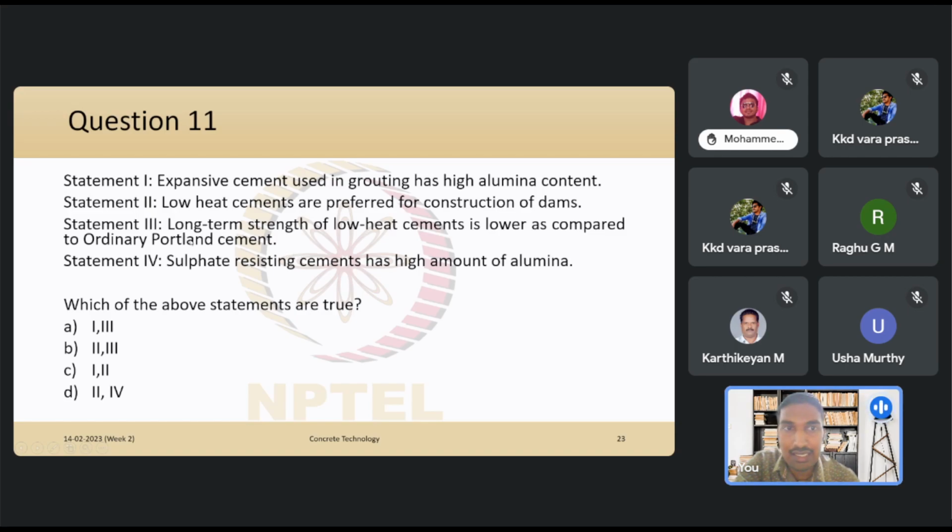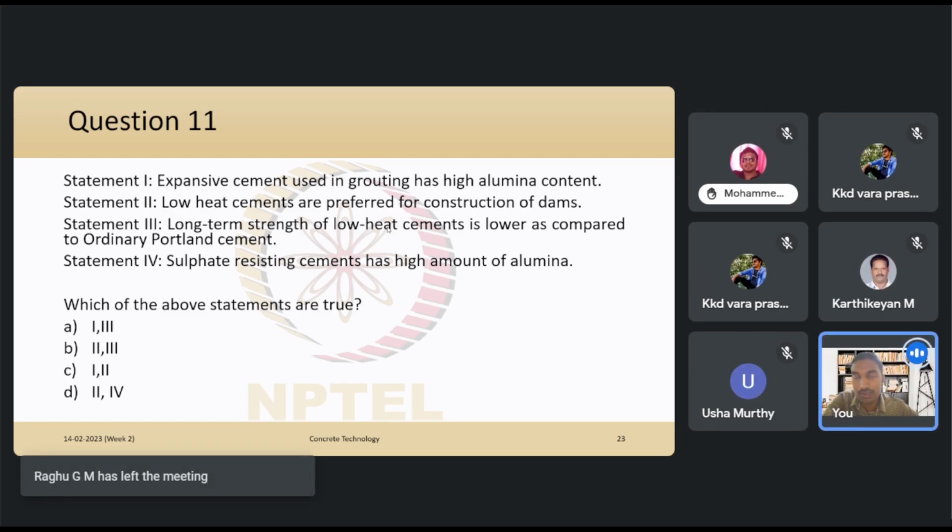And statement 3 is: long-term strength of low heat cement is lower as compared to an ordinary Portland cement. If you remember how low heat cement compares with OPC, in low heat cement we have lower C3S but higher C2S as compared to OPC, right? And between C3S and C2S, C3S is responsible for the early strength development, and C2S is responsible for the long-term strength.